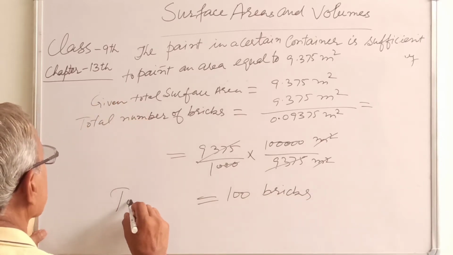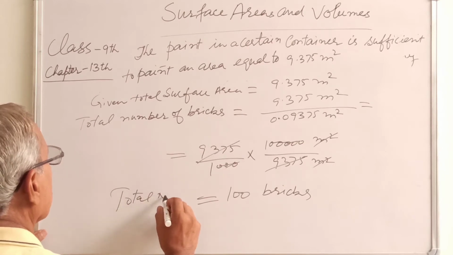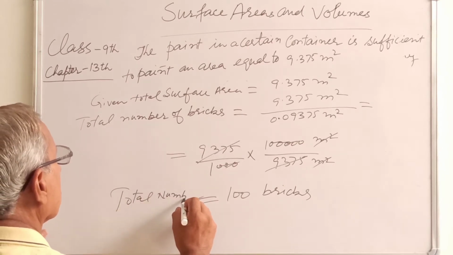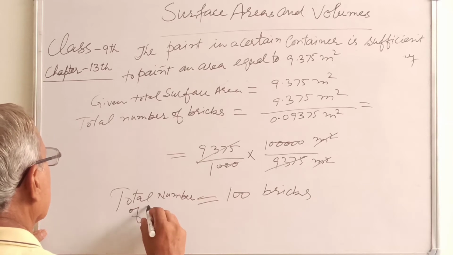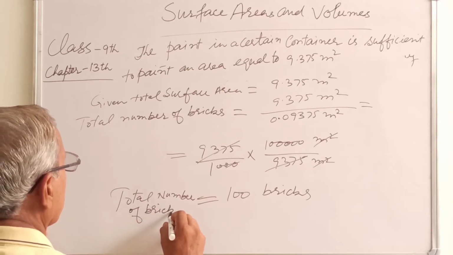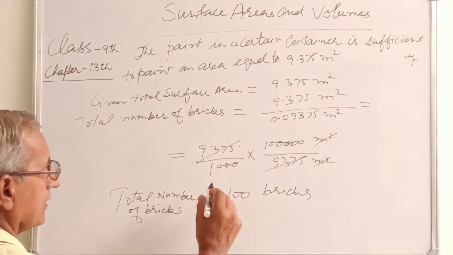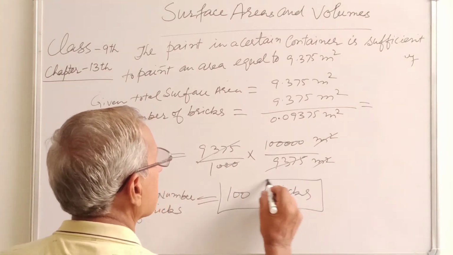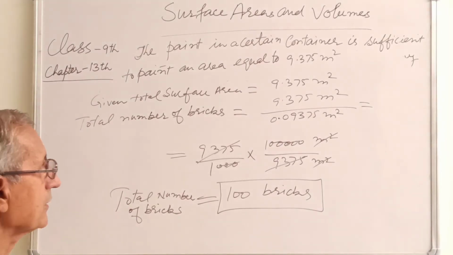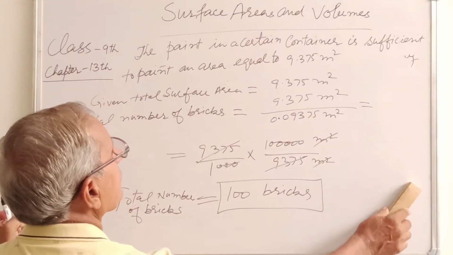The total number of bricks which can be painted out is 100 bricks. So this was the answer for the question.